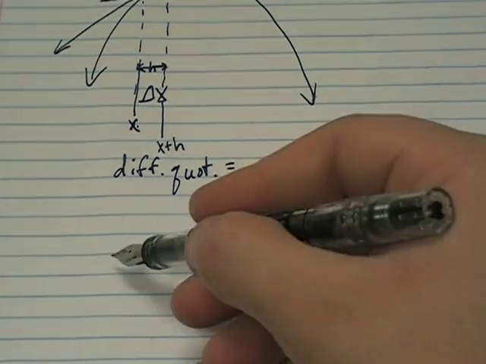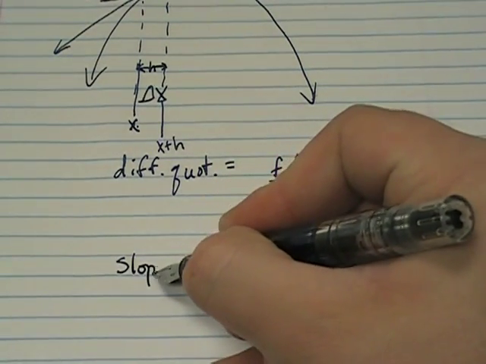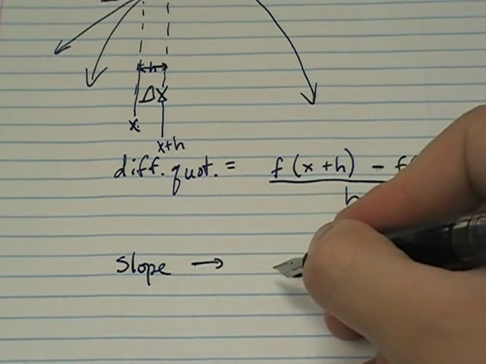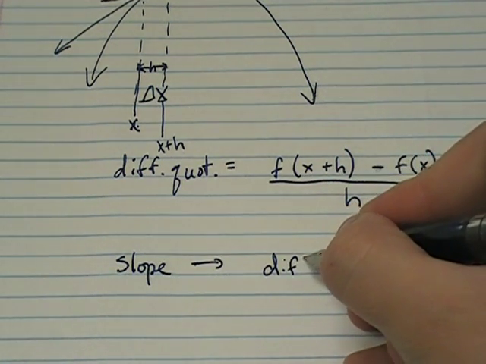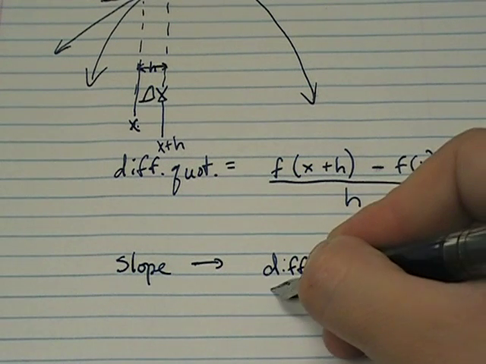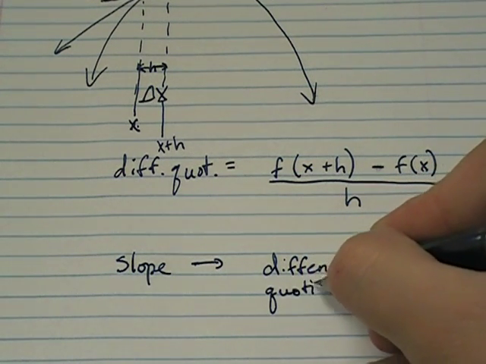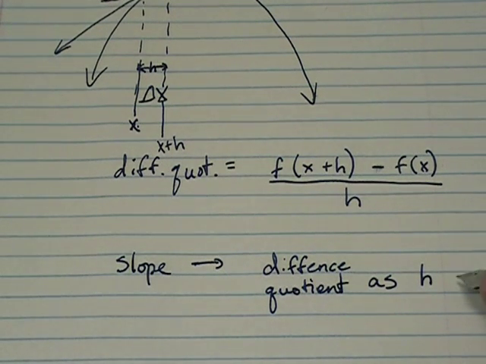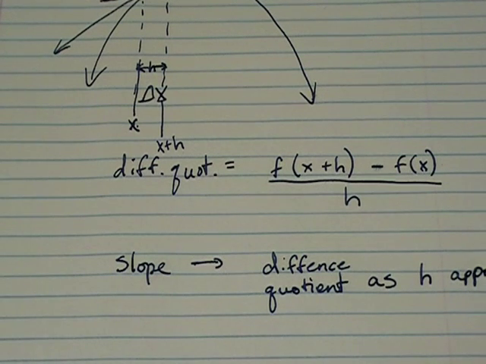Now what is the slope? The slope is the difference quotient as h approaches zero.